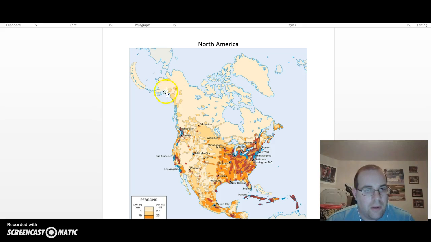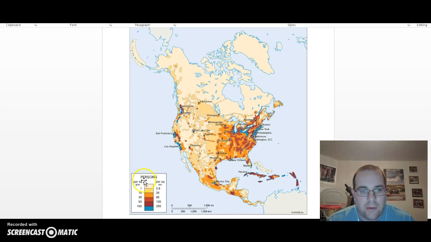Okay, what we have now is a population map of North America. Obviously, the bluer it is, the more populated it is. This is a population density map from the Encyclopedia Britannica.